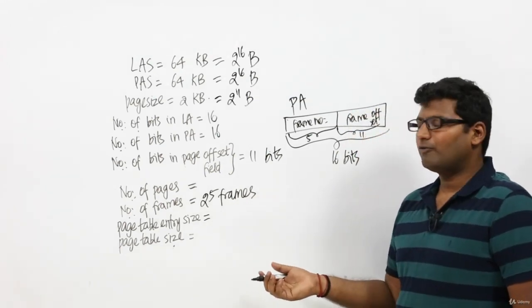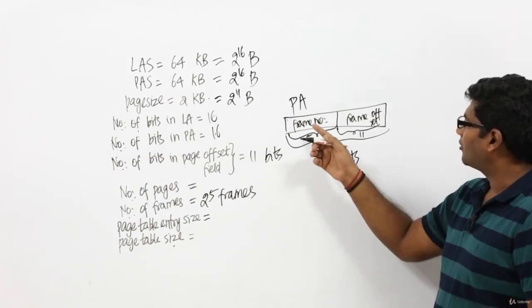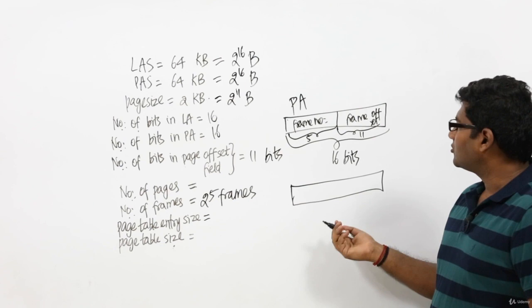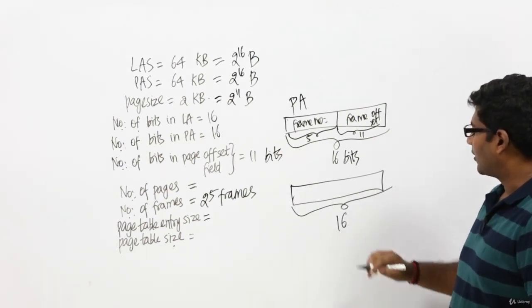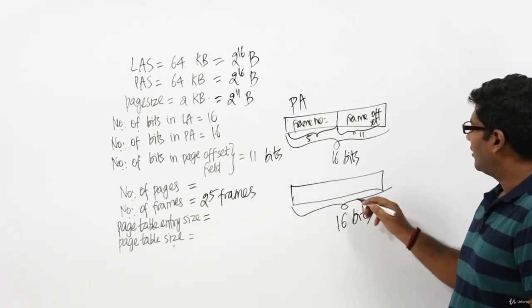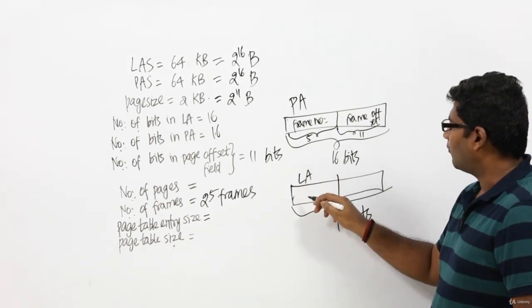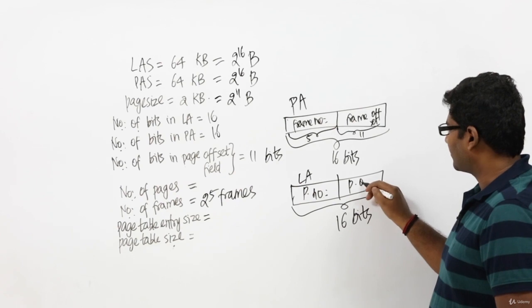Now in order to find the number of pages, we need to consider the logical address, similar to the physical address. We know that the size of logical address is 16 bits. Coming to logical address, we will have two fields: one is page number and another one is page offset.